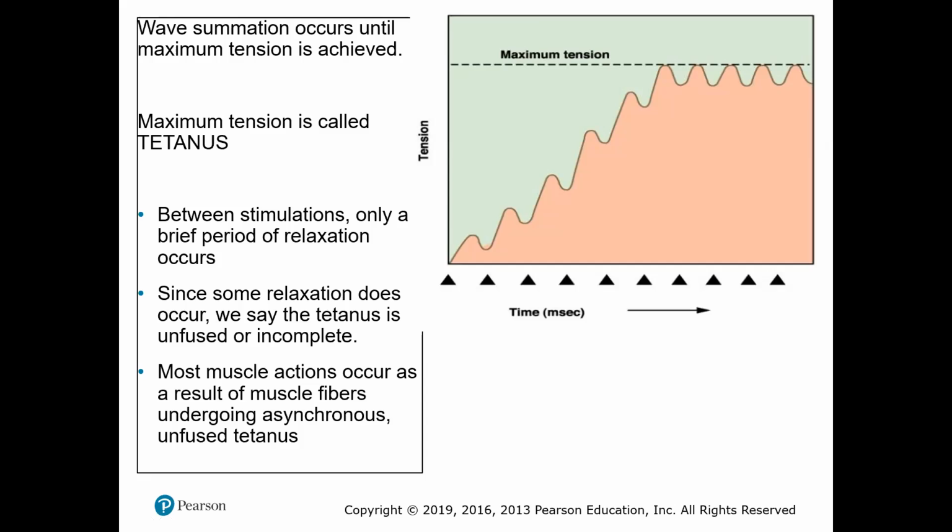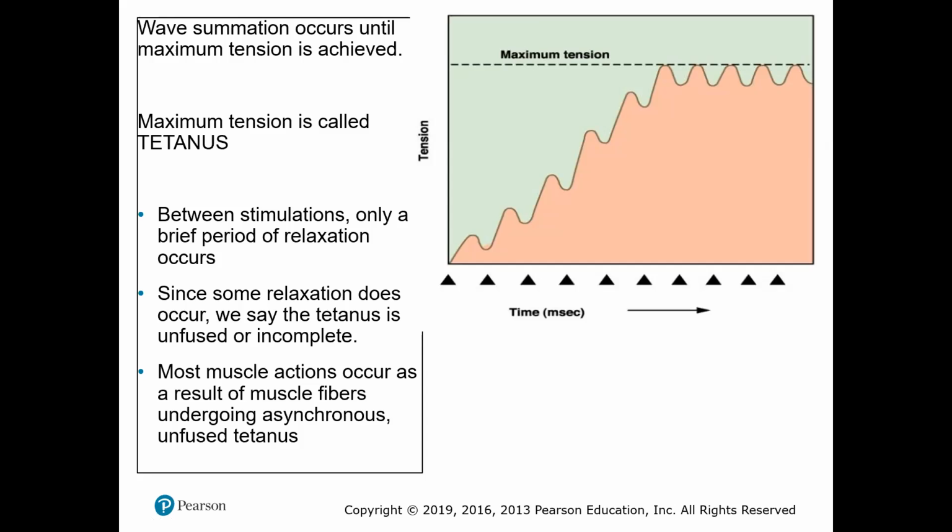We are adding up strengths of the contractions, making them more powerful each time because we are releasing more and more calcium into the sarcoplasm. We are getting the muscle cell warmer than it was before.